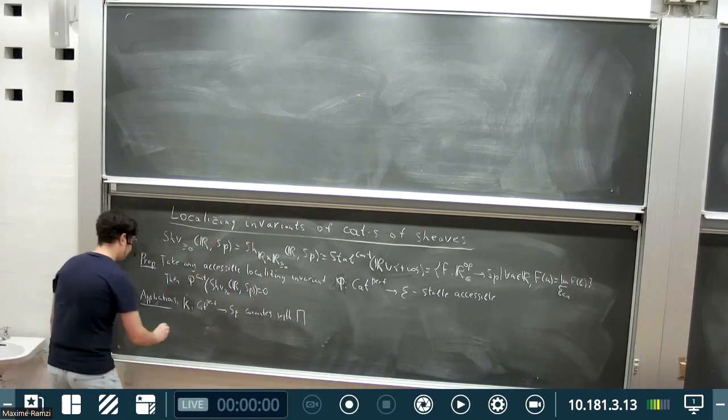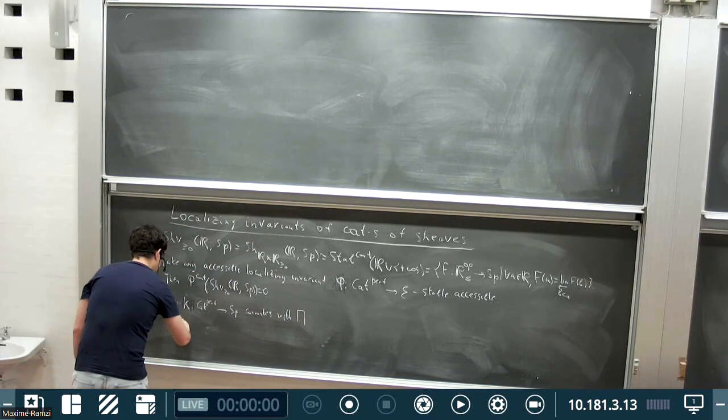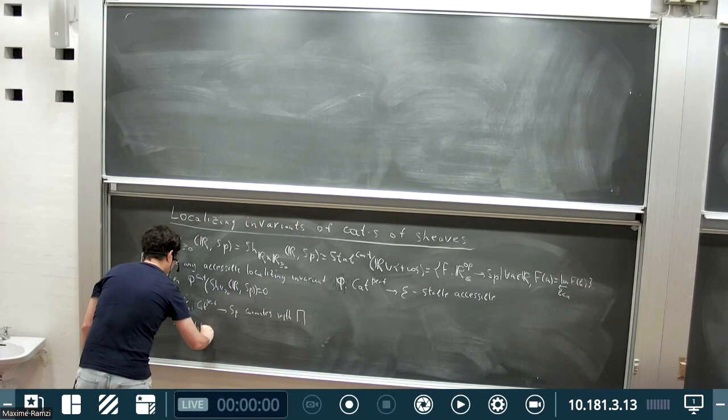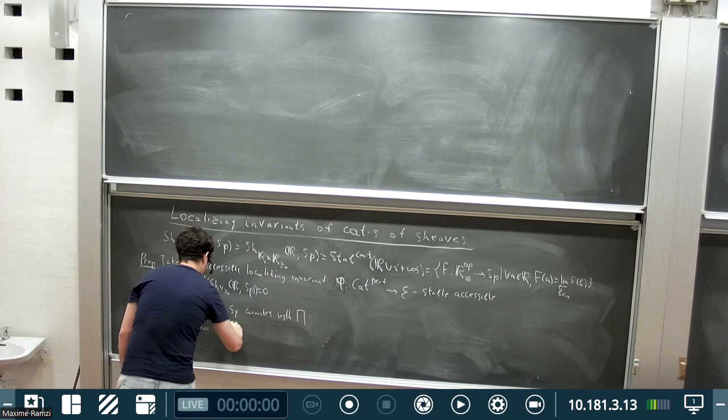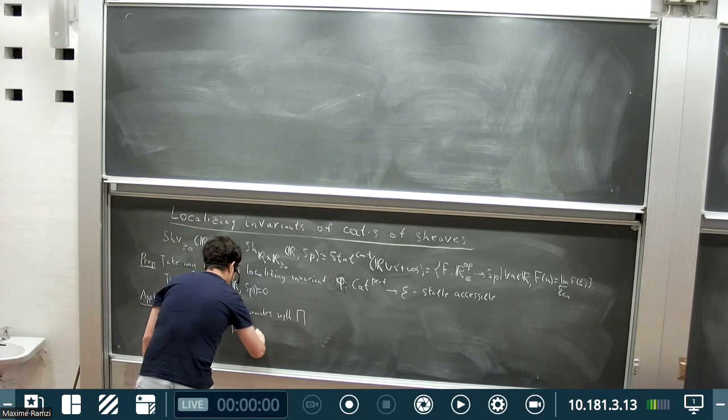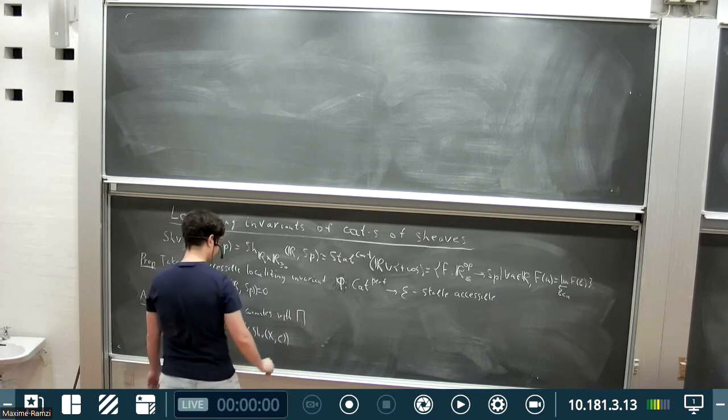And second, computation of arbitrary, let's say, accessible localizing invariant for categories of sheaves on a finite level complex.